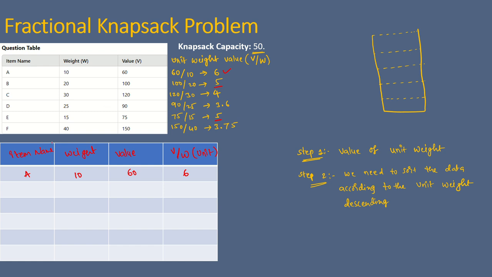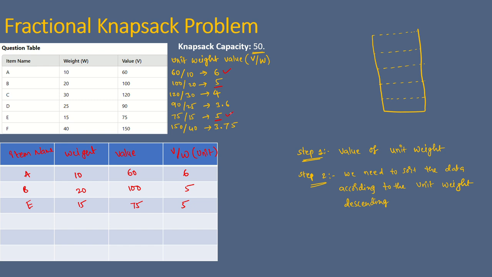So I am going to take item B, whose unit value is 5. So total 100 value, and 20 units of weight. Next one, next 5, which contains total 75 value. 15 units of weight is available, and item name is E.